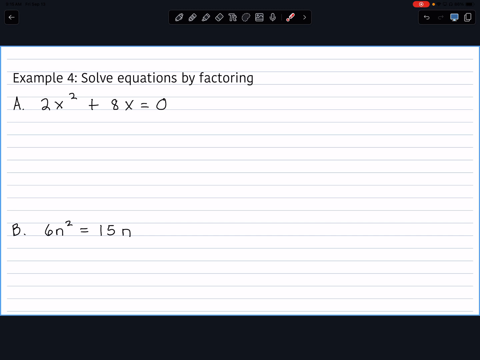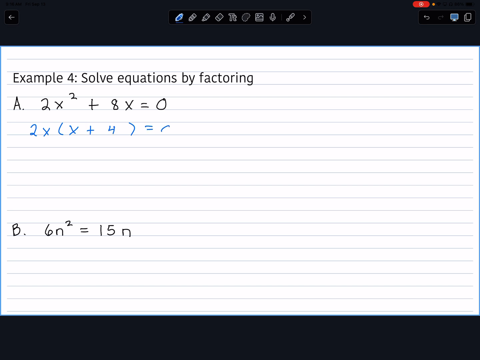So all I'm going to do right now is pull out the greatest common factor just like we were doing in example 3. So see if you agree with me. 2 is the largest number that goes into both of them. X is the highest power variable that goes into both. 2x squared divided by 2x is x. 8x divided by 2x is 4.